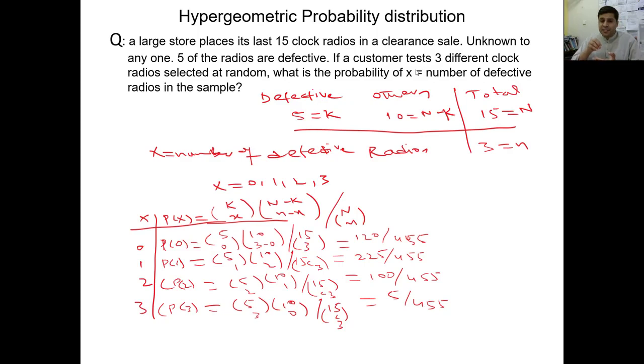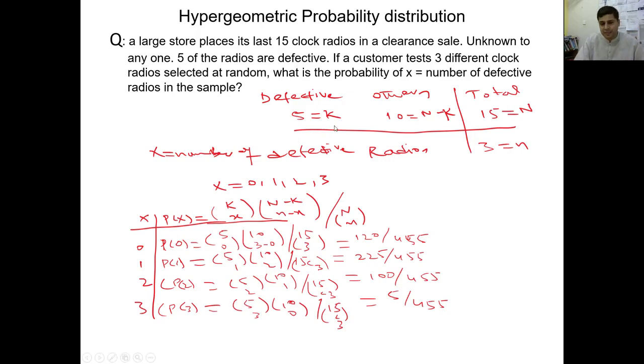When she takes another radio, the remaining radios will be 13. So this trial is without replacement. She does not put it back while selecting a radio. So this is the identification that this is not a binomial distribution. So from this specific indicator, we decide that we will use the hypergeometric probability distribution.